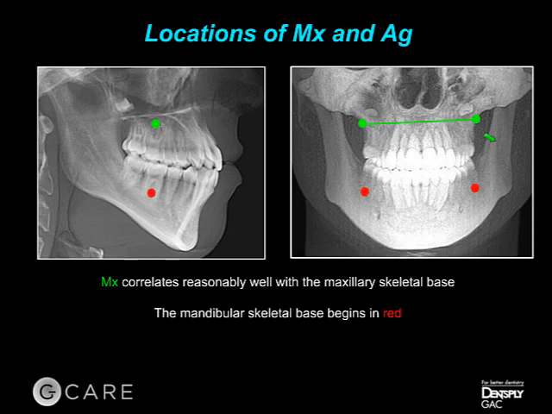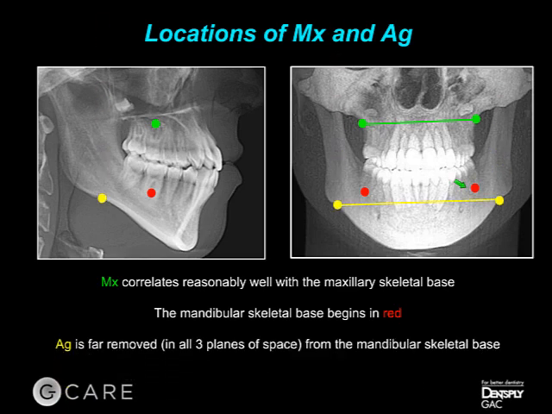And I would agree that this correlates really well with the base of the upper jaw. But if we flip that thought around and look at the mandibular skeletal base based on the mucogingival junction that we just talked about, this is where we're looking. When we're looking at the AGAG, this is really where we're measuring.